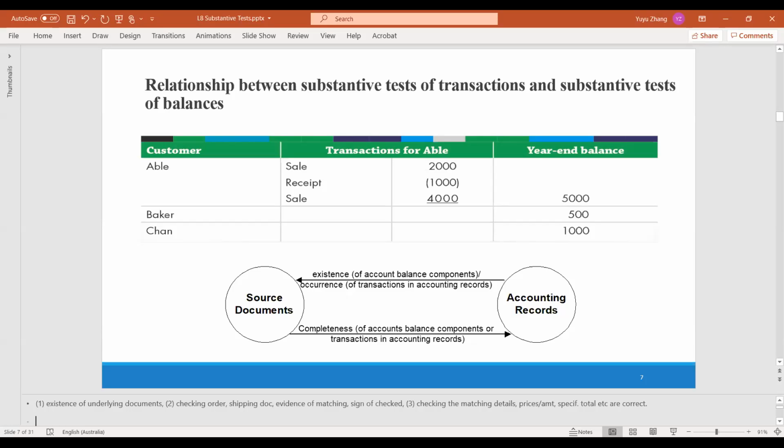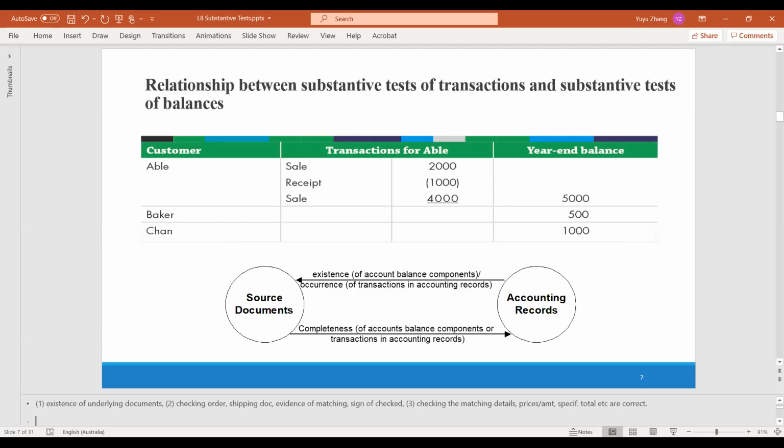Second, for those underlying documents, we also want to check there is evidence of matching and the signature of an authorized person. Third, in addition to one and two, we want to check the matching details, the price, amount, specification, total, etc., in those documents.